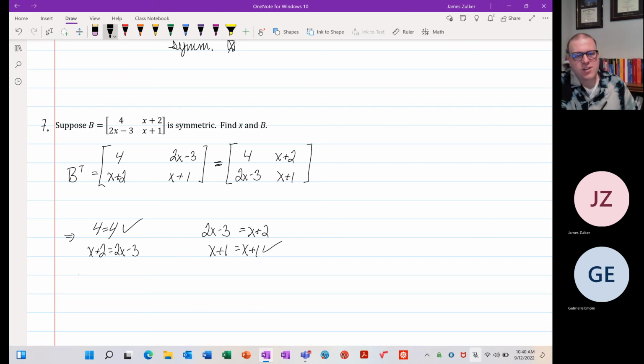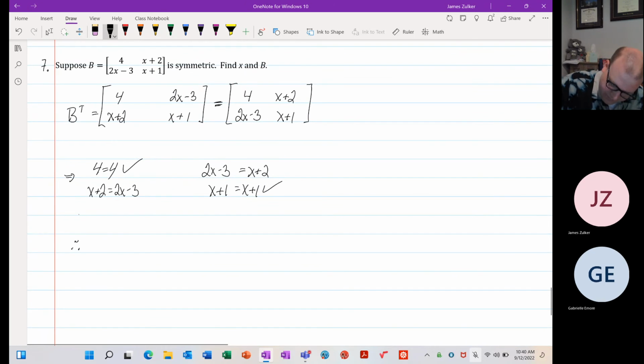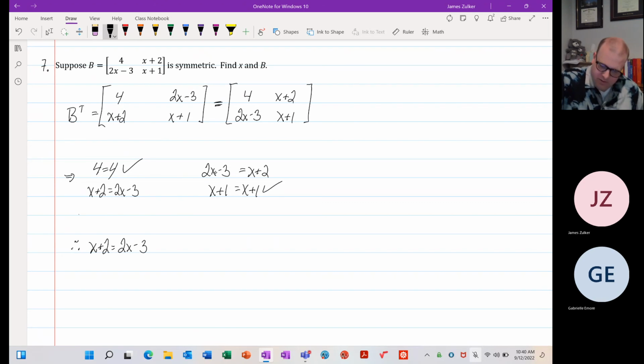Equality is a symmetric relation, which means you can flip the order in which you write it. So those two are good. They say the same thing. So x plus 2 has to equal 2x minus 3. Solve for x. Subtract x, add 3. We get 5 is equal to x.